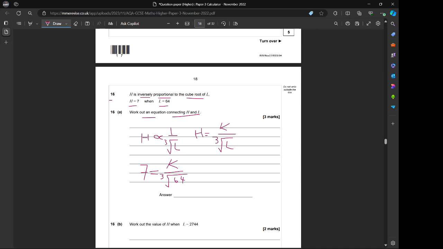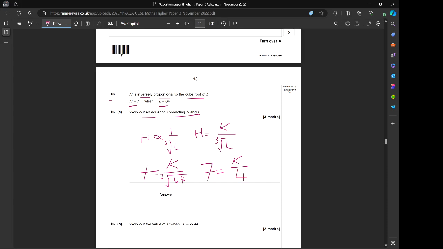So it's K over 4. The cube root of 64 is going to be 4.